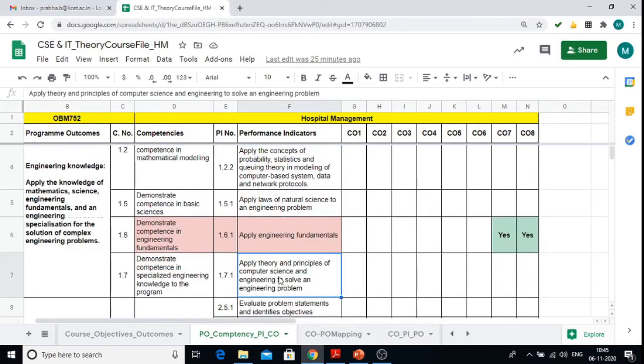So there are 5 performance indicators contributing to PO1. Out of the 5 performance indicators, my CO7 and CO8 are mapping with one performance indicator.